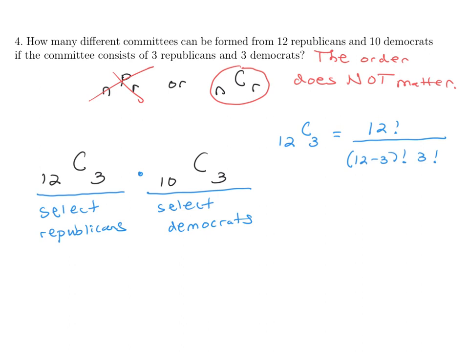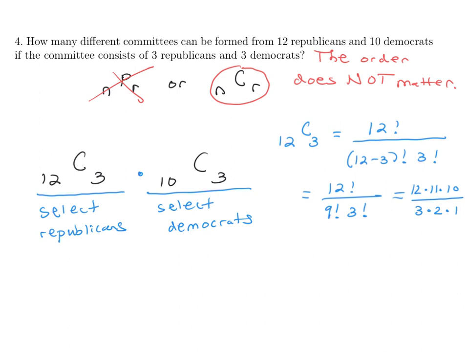I'm going to simplify this expression down. This is 12 factorial divided by 12 minus 3, which is 9 factorial, times 3 factorial. Because 12 factorial multiplies down to 1, you can do 12 times 11 times 10, and everything else will cancel with this 9 factorial. So this is 12 times 11 times 10, divided by 3 factorial, which is 3 times 2 times 1, or 6.